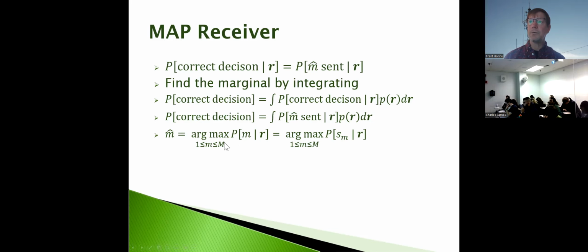So what we can do is search over our various M's, which is going to be something in the set of 1 to capital M. It's going to be one of those. We look at all of those and perform this calculation, and we want the one that maximizes this probability, which will in turn maximize that integral and then maximize the probability of a correct decision.